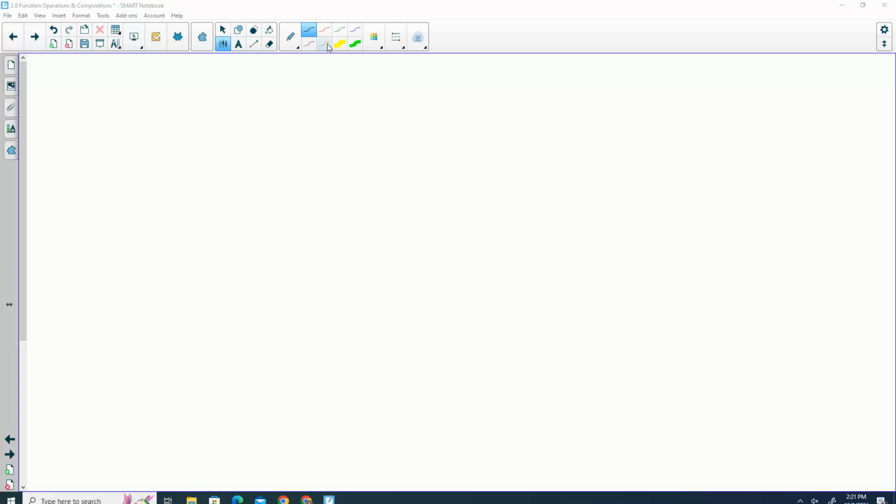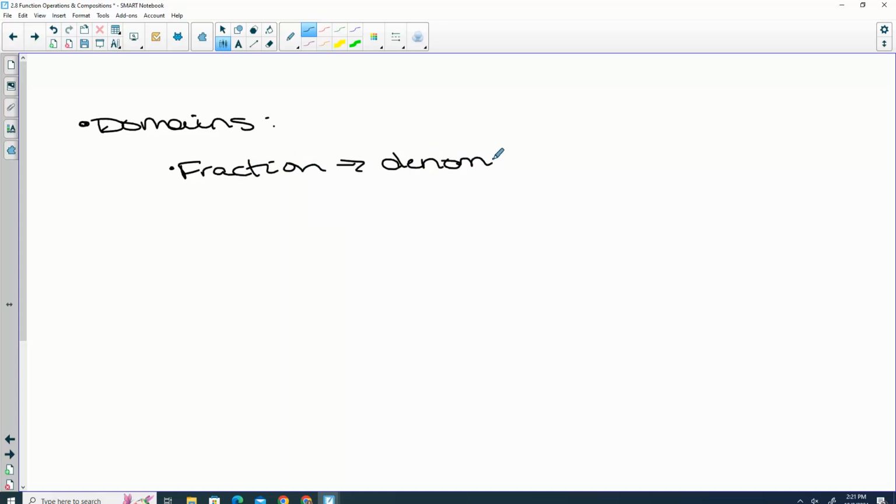So what we've seen so far with our domains in a fraction, what can't happen? The denominator cannot be 0.